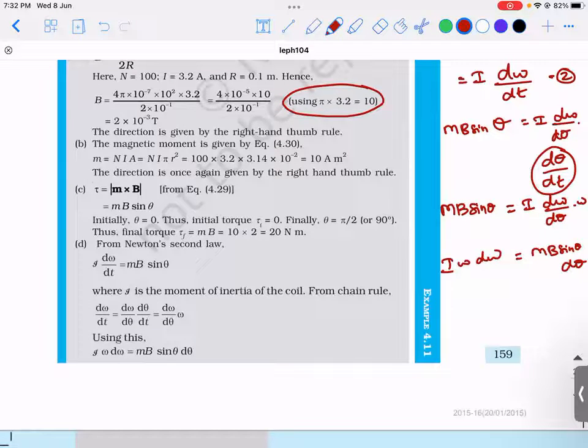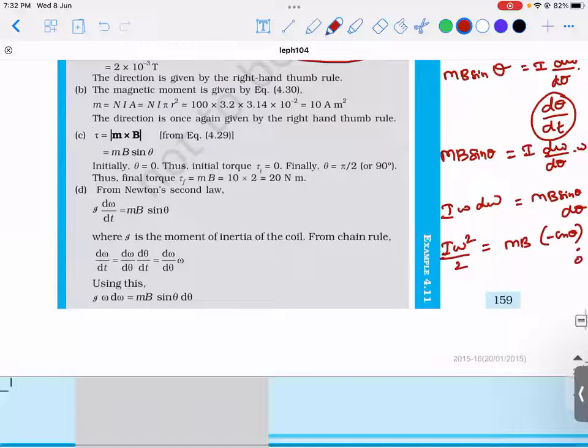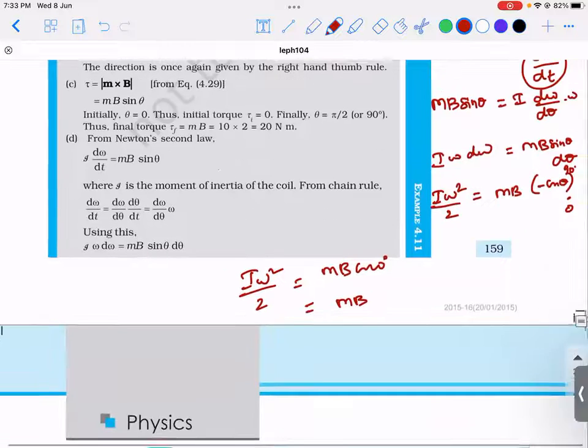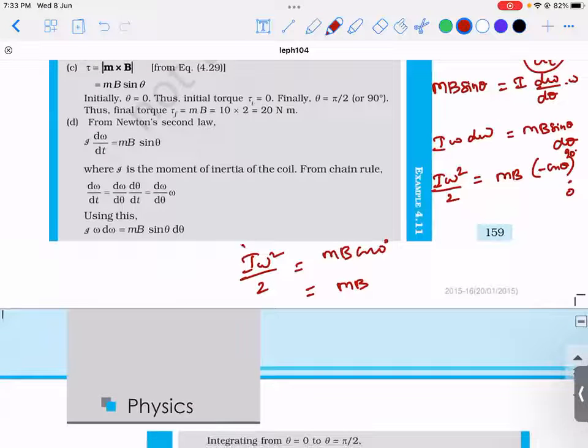Now integrate on both the sides. I omega square by 2 will be equal to mB into minus cos theta from initially 0 degrees to finally 90 degrees. So when you substitute these values, I omega square by 2 will be equal to mB into cos 0, or it is only mB. Here I is not current, it is moment of inertia. So I omega square by 2 is equal to mB.